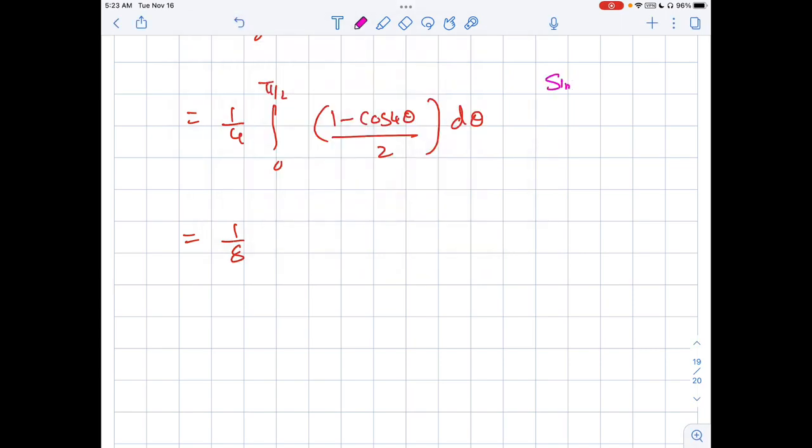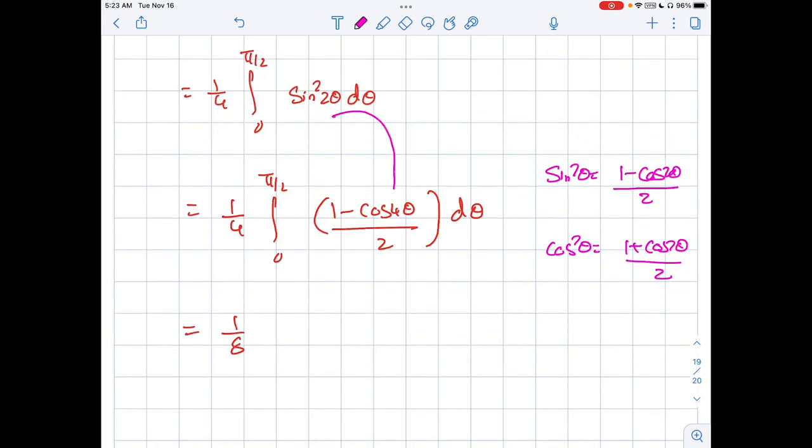Use this formula: sine square theta is 1 minus cos 2 theta upon 2, and cos square theta is 1 plus cos 2 theta upon 2. Now the angle was 2 theta, so it became twice of that angle. If theta is there, it becomes 2 theta. I have 2 theta, so it becomes 4 theta.